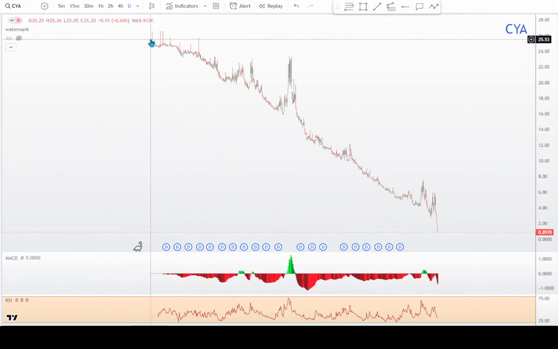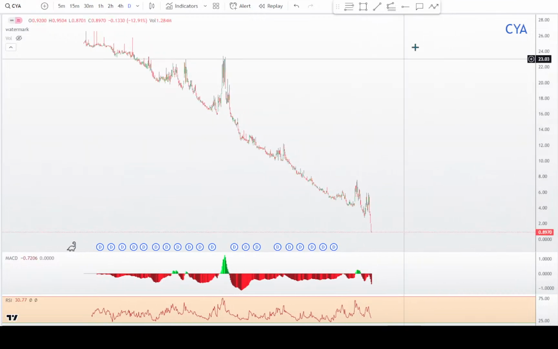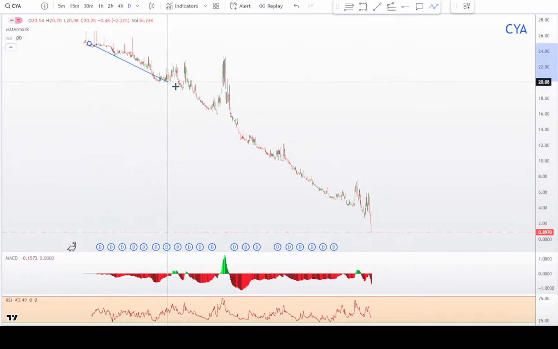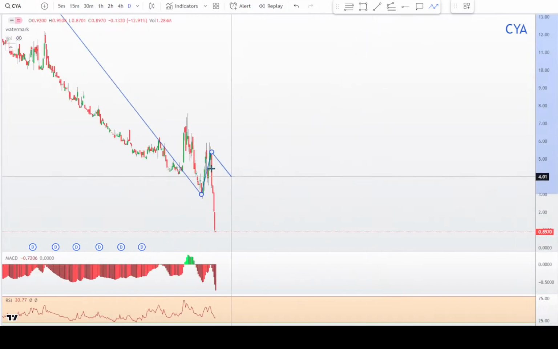This looks like a September 21 it started. So 1, 2, 3, 1, 2, 3. Yeah, actually, it looks like they're making a leading diagonal here. So 1, that's 1, that's 2, 3, 4.